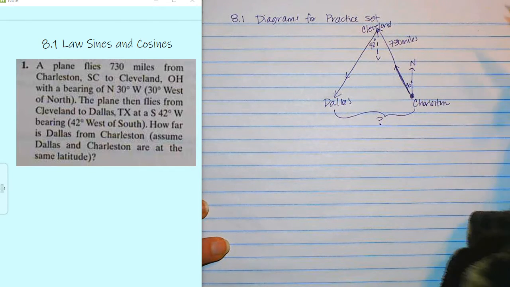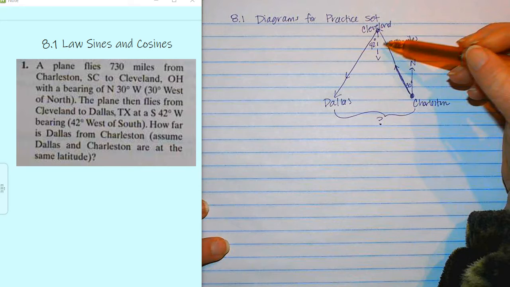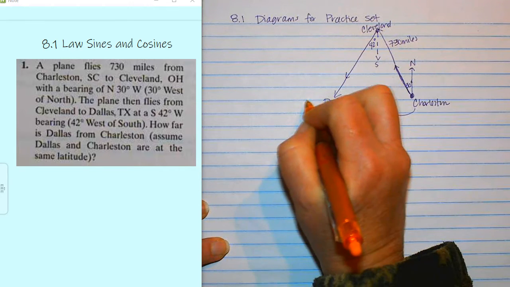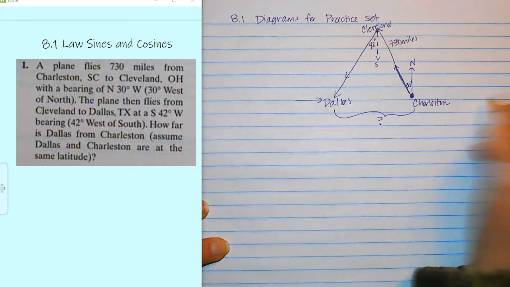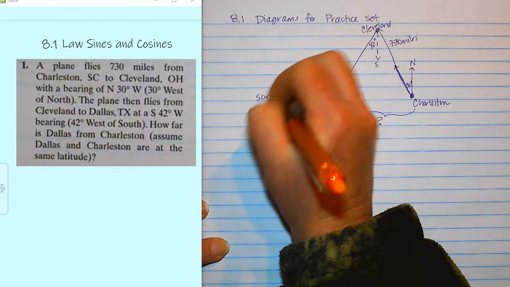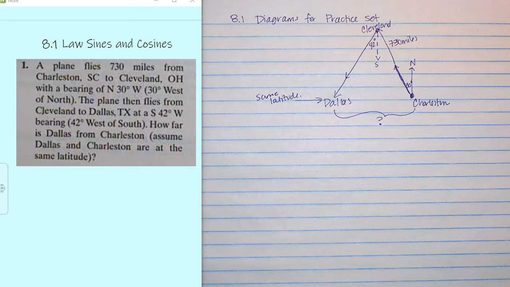So you have to take these different degrees, knowing that north and south are parallel lines. That will help you. That will give you angles. And if they're at the same latitude, we've got a line that travels between Dallas and Charleston that says same latitude.